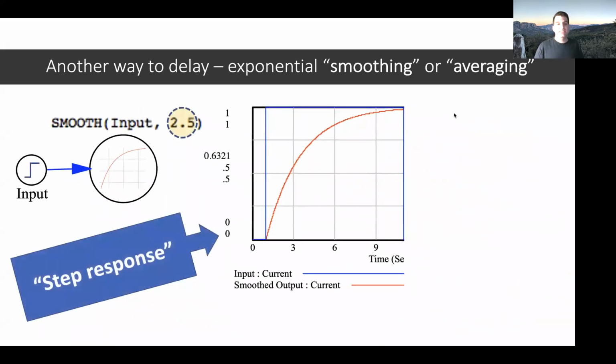In system dynamics, this idea of having a curve that jumps to a point, and then watching how another curve follows behind it, is what we refer to as a step response.